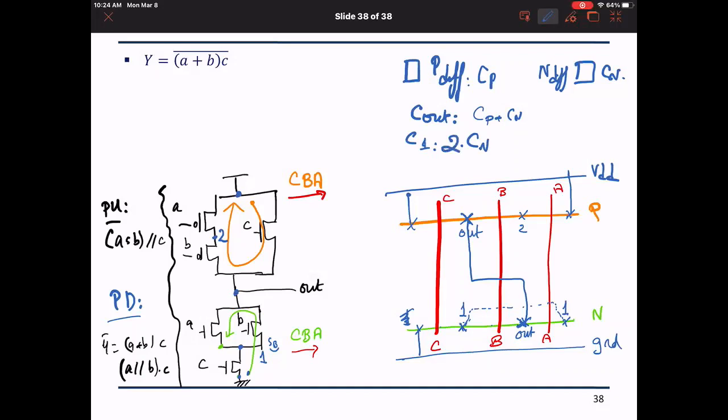I'm not drawing it to scale, so this one is shown bigger than that one, but here each sketch is a diffusion that has CN. So if it appears twice in the N diffusion, it has 2CN. If it appears once in N and once in P, it has CN plus CP.